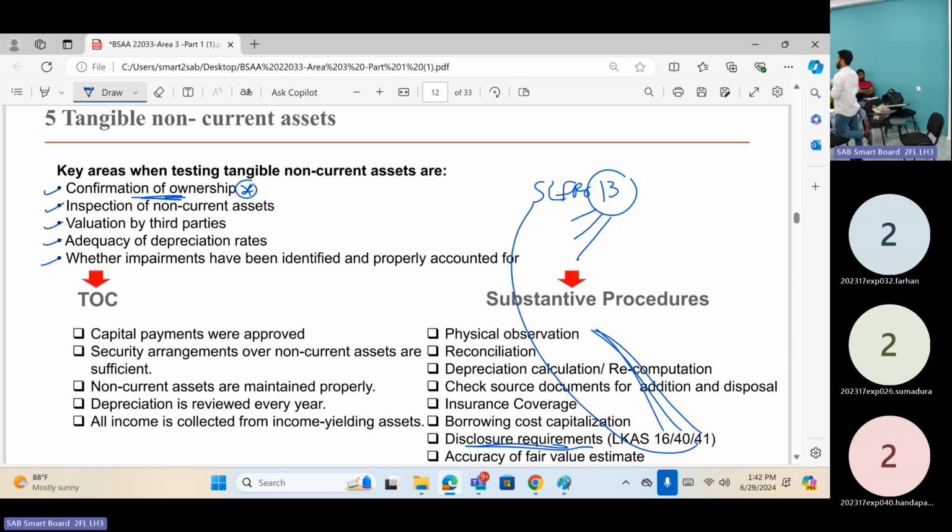Hotel building. How am I going to calculate depreciation for a hotel building?